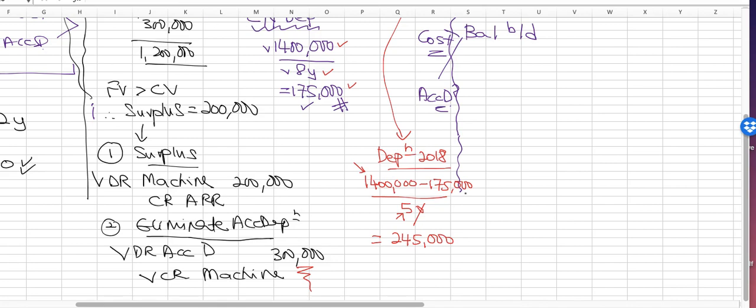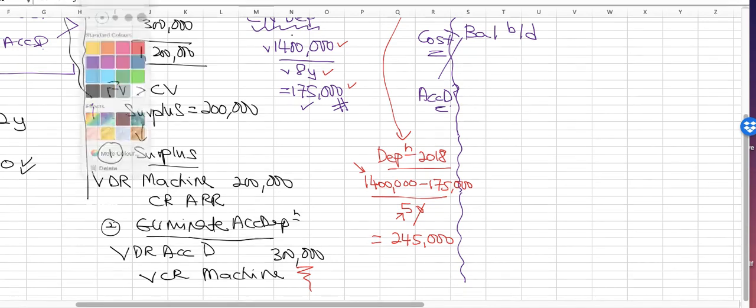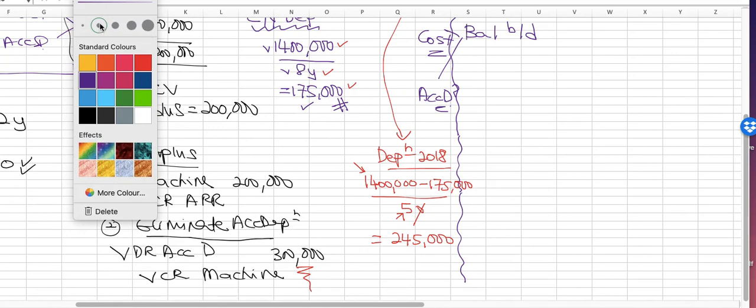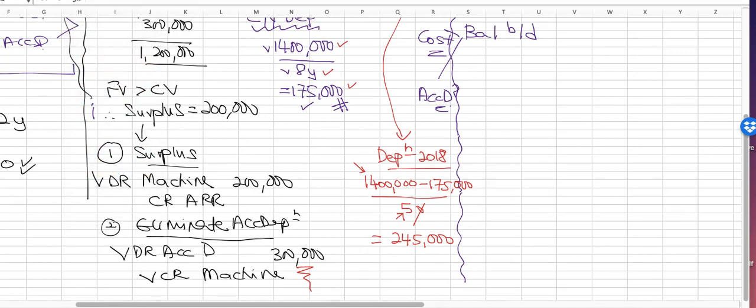Please check, okay? 245,000 for depreciation 2018. Okay, now come back to our question. What is the balance BD for the accumulated depreciation? The balance BD must be this one, 175. This is depreciation 2017. And this is depreciation for 2018.